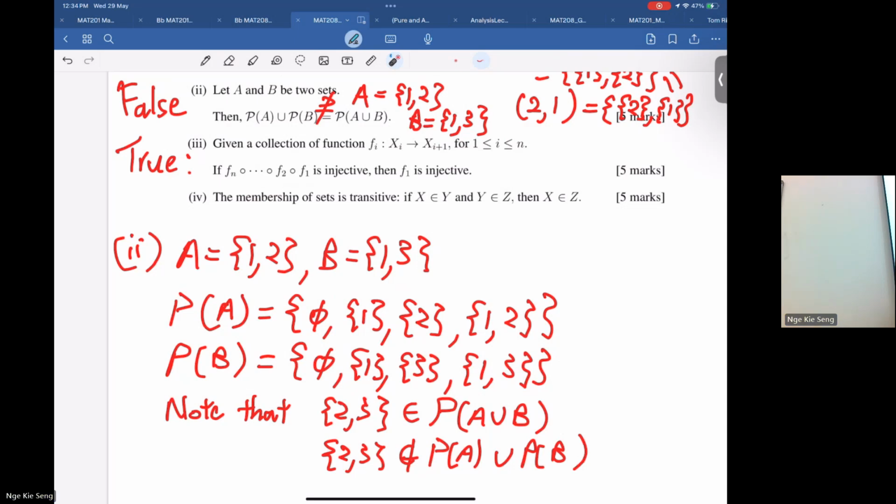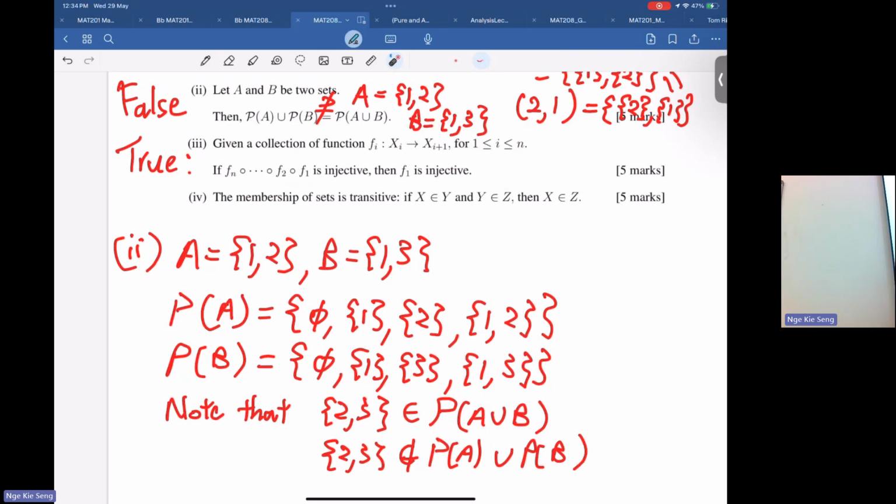It's true. Why? A subset of B, B subset of C. Everything in A is in B, everything in B is in C, so everything in A is in C. But here it's different. Here it says that if X is in Y and Y is in Z, then X has to be in Z. True or false?